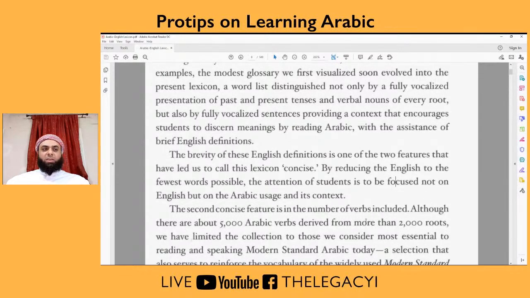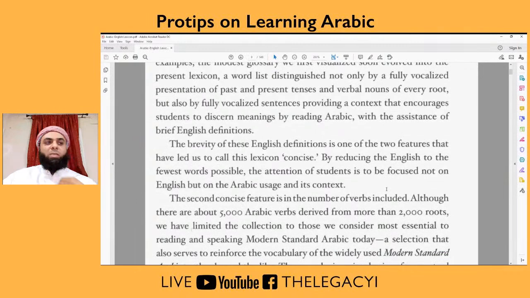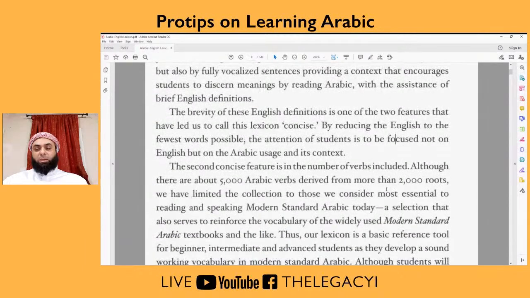The second concise feature is in the number of verbs included. Although there are about 5,000 verbs derived from more than 2,000 roots, we have limited the collection to those we consider most essential to reading and speaking modern Arabic today. So going through this dictionary is going to help you. This is a pretty big vocabulary list, 5,000 Arabic verbs.